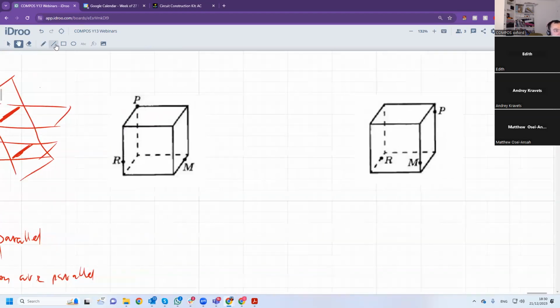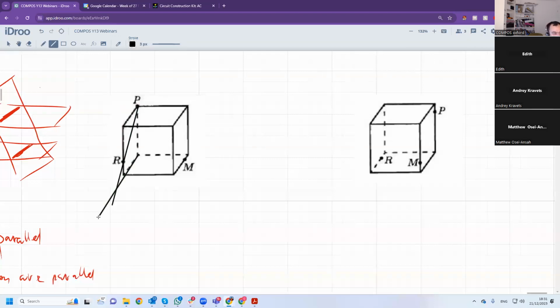Okay, the next one we have is very similar. We have this line passing through, and we don't have much else. Well, we can extend this line down.